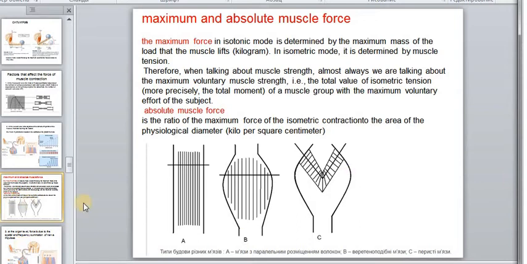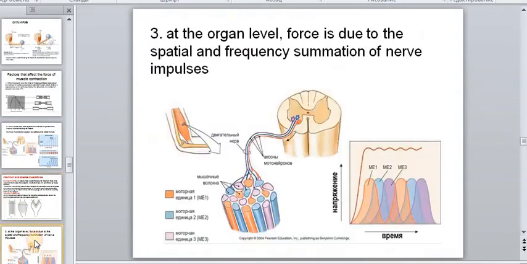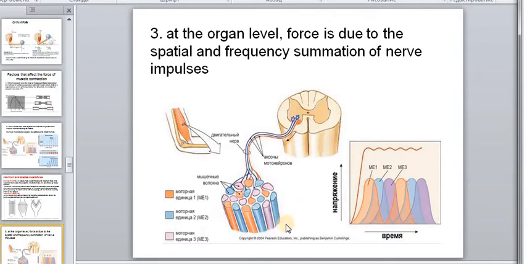Next slide. At the organ level, force is due to the spatial and frequency summation of nerve impulses. Spatial summation is an increase in contraction force due to an increase in contracting units. Here you see frequency summation.